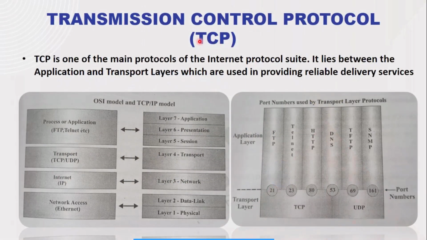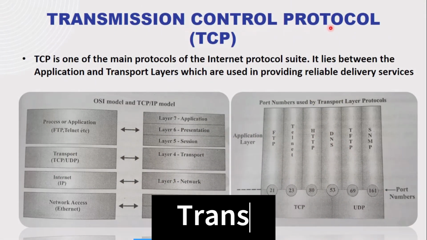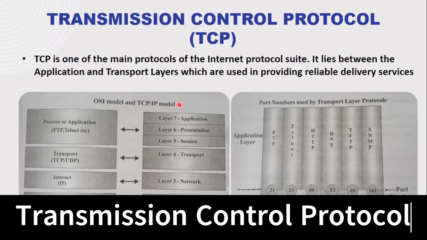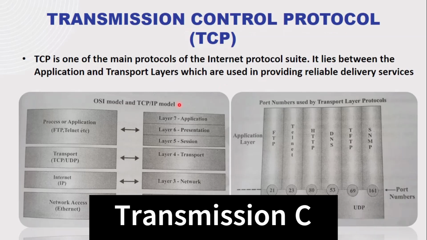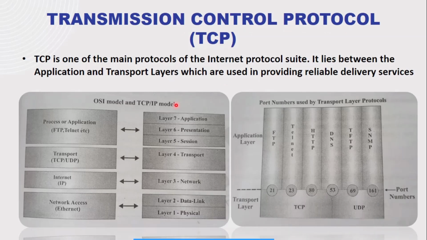TCP stands for Transmission Control Protocol. Before getting into this, we will see which OSI layer TCP and UDP work in. We have 7 layers in the OSI model. The two primary protocols, TCP and UDP, are in the transport layer, which is layer 4.